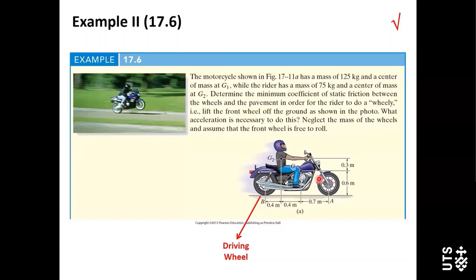The mass center point of this motorcycle is G1. And here there's a rider. Its mass is 35 kilograms, and the mass center point is here, G2.